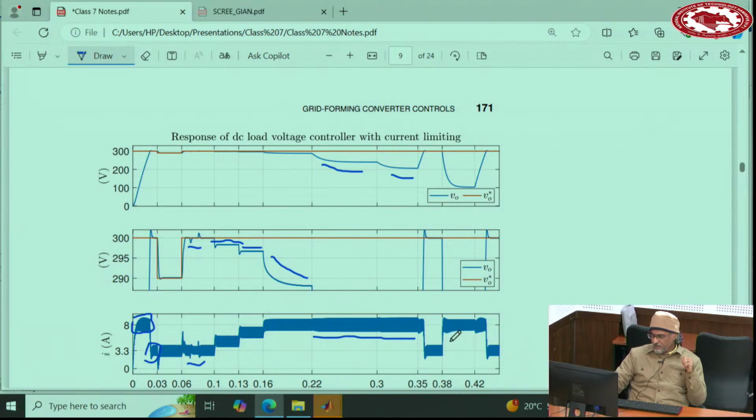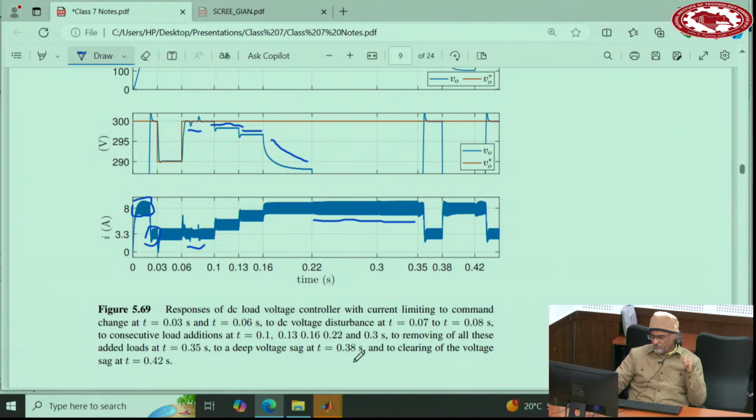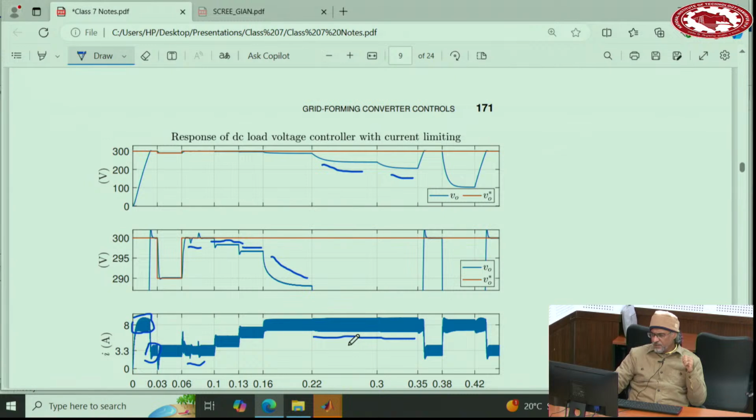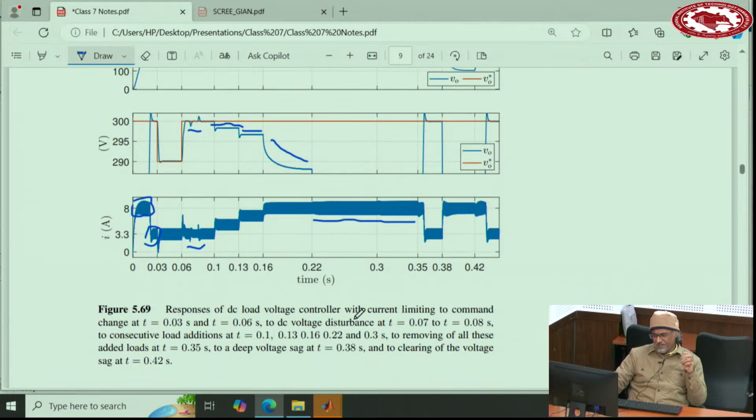And what happens here at 0.38, a deep voltage sag at 0.38. I think that I meant a short circuit almost at the output, or a very large amount of load at the output, because voltage sag doesn't mean anything here.